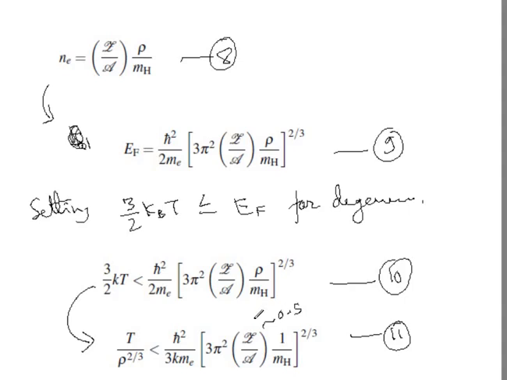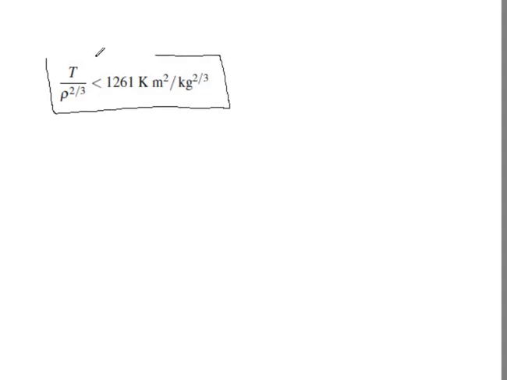If we put this, and put the other values, h bar squared, me and kB Boltzmann, then this condition becomes like this. So this is the condition for degeneracy.